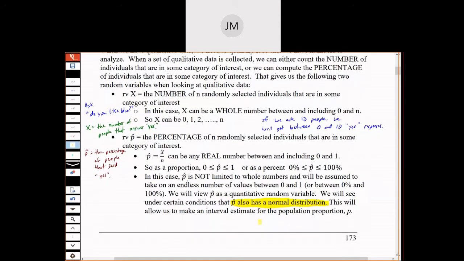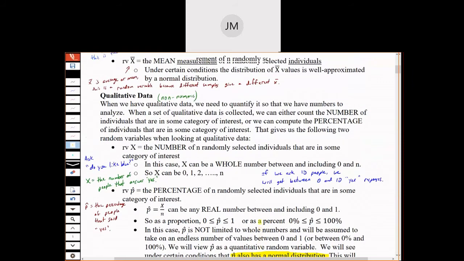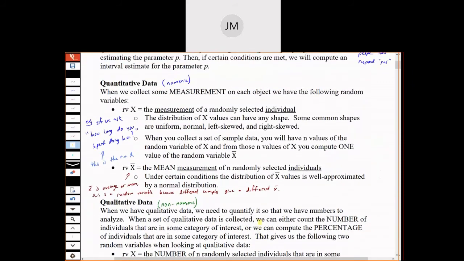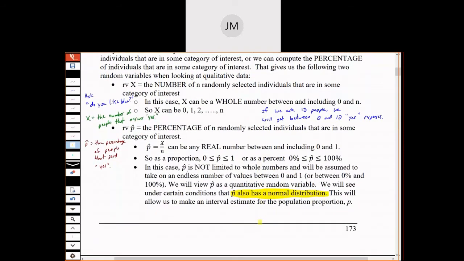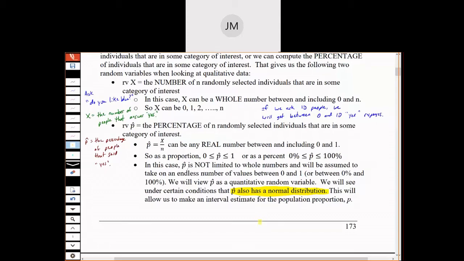So that's kind of like the key thing that makes statistics work, right? So this idea that p hat has a normal distribution, and then back here that x bar will always follow this normal distribution, okay? That's called the central limit theorem, and it's kind of like the most important thing in statistics.